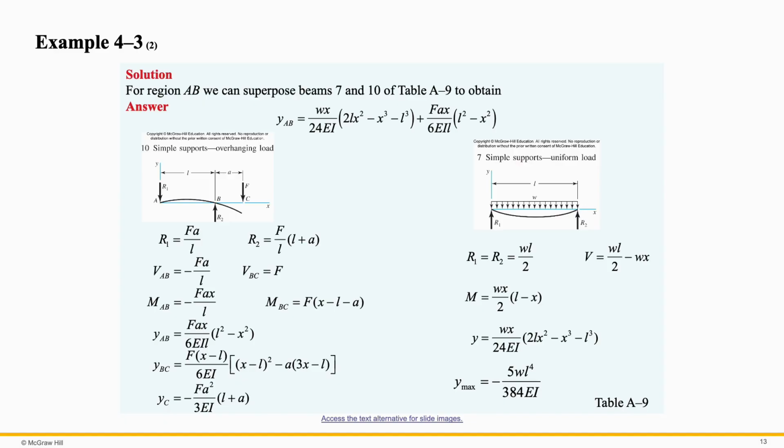After that, we will combine these two effects, the deflection produced by this transverse load and the deflection produced by this distributed loading. We will find the sum of these deflections, and after combining these deflection functions, you can determine the deflection at a specific point, for example at point C, at the end of this beam.